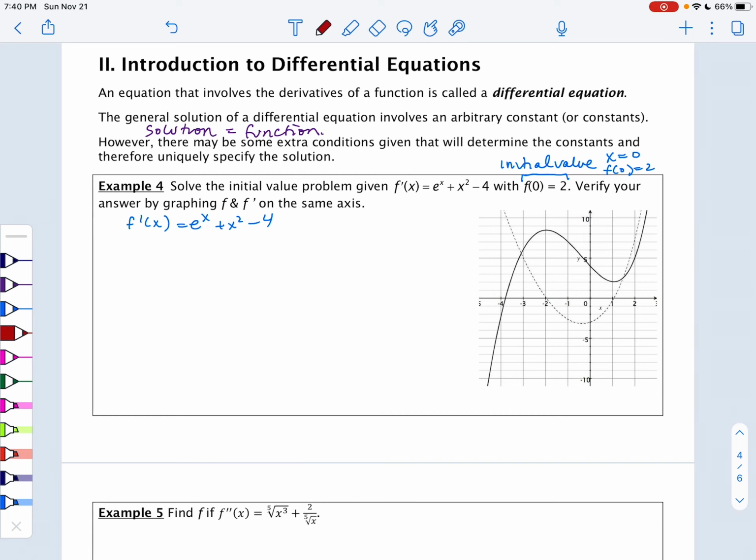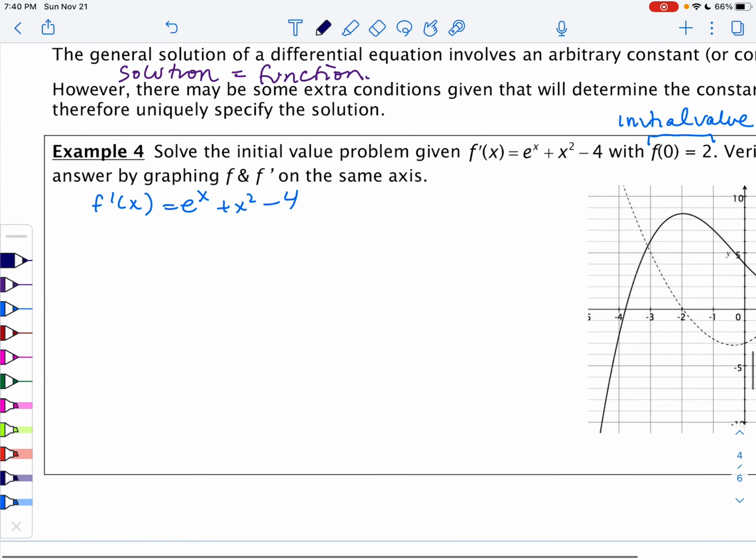We can replace, this is going to give you some motivation for future sections. What does f prime of x in the Leibniz notation give you? That's dy dx equal to e to the x plus x squared minus 4. We can separate our variables x and y. We can look at dy as a differential, dx as a differential.